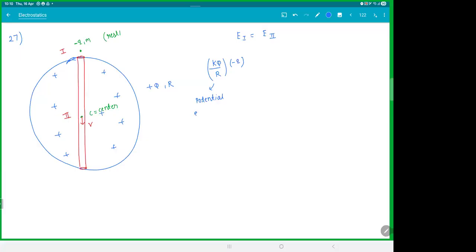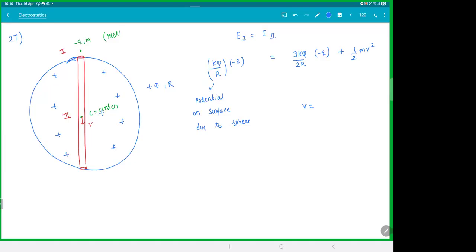So potential energy on surface is potential at a point into charge, due to the sphere. When you reach the center, the potential becomes 3kq by 2r into minus q, and the kinetic energy is half mv square. Solve this, you will get v. One step, you're done.